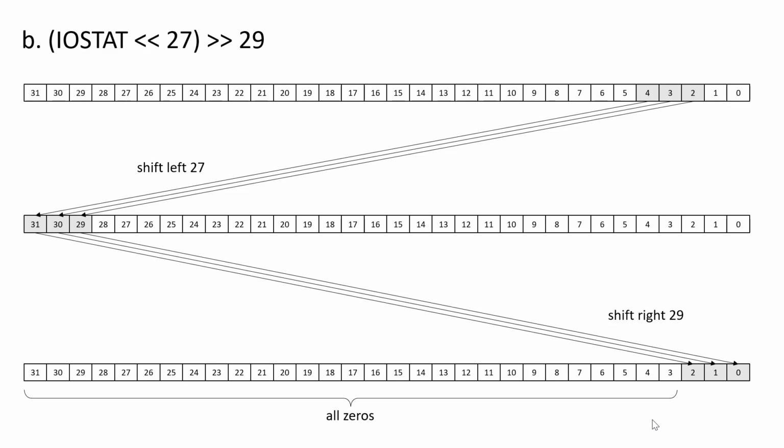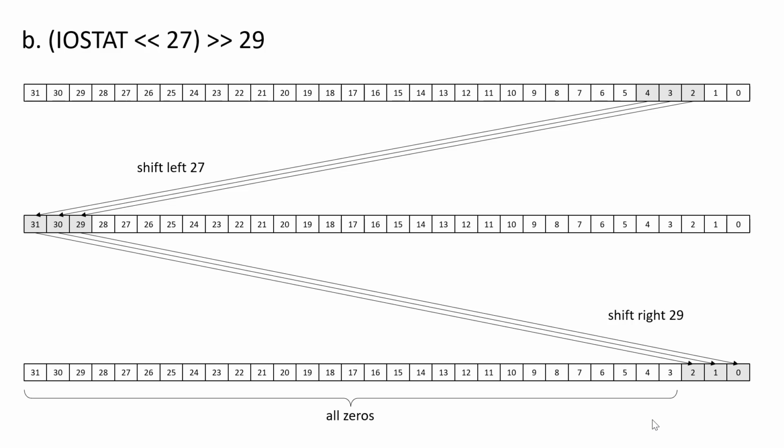You do a left shift by 27, that's going to take bit 4, and it moves it all the way into bit 31. Make sense? Because 4 plus 27 is 31. Likewise, bit 0 is going to become bit 27.